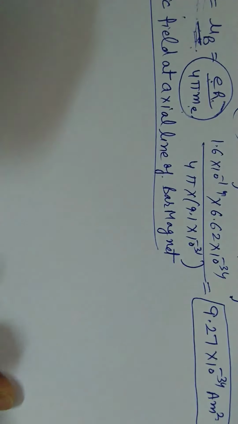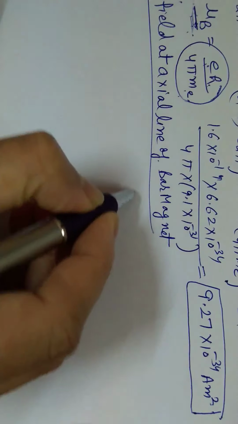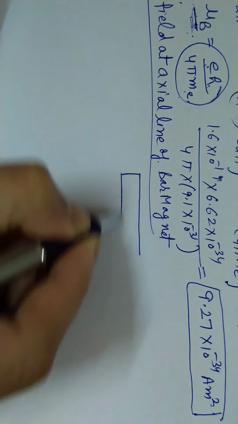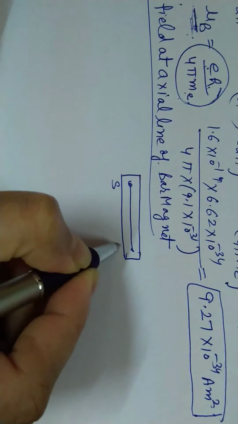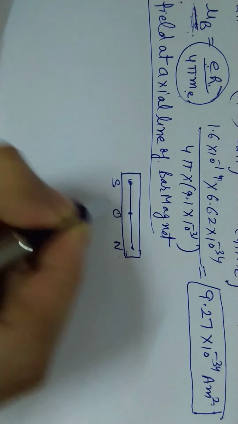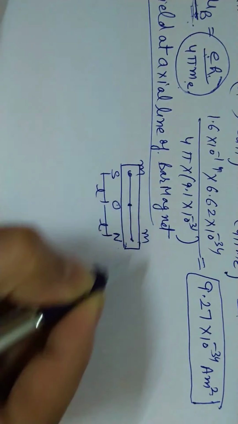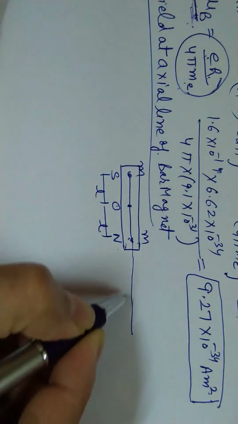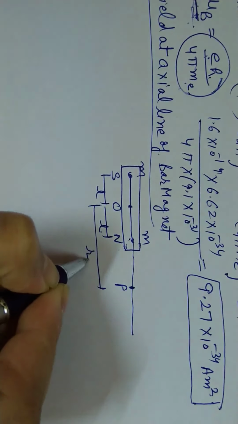Here again we use the same method as in electrostatics. We have this bar magnet, and we consider its south and north poles. This is the center, length 2L, pole strength m, and this is the axis. Here we have the observation point P at a distance r.